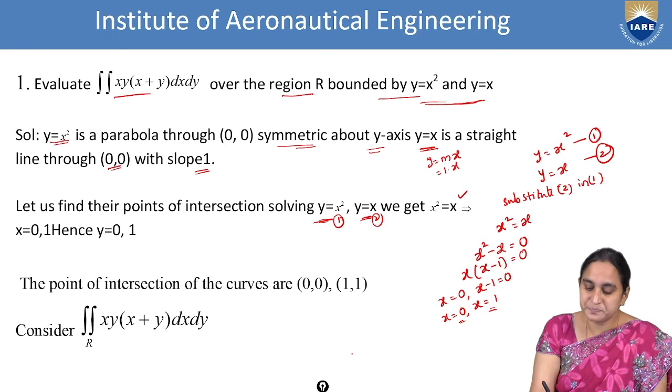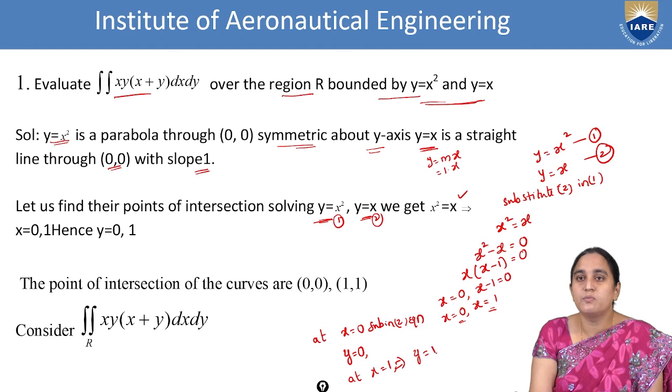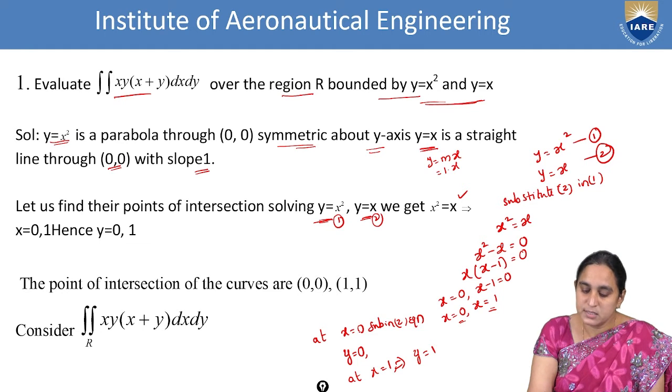Easily we get that. At x is 0, substitute in the second equation, that is y is also 0. At x is 1, substitute in the second equation, that is y is also 1. Therefore, at x is 0, we got y is 0. At x is 1, we got the y limit point as 1.